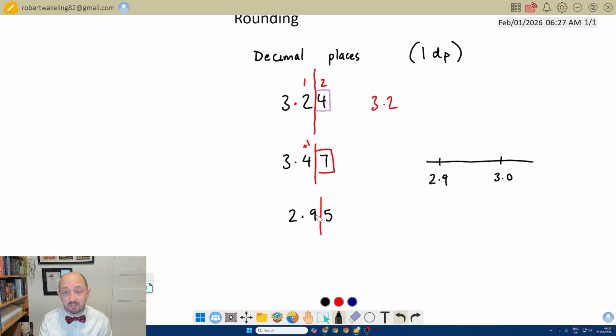So we're going up in 0.1s essentially. And 2.95 is exactly halfway. Anything halfway or more rounds up. So essentially the 5 is making this go up to a 10. So it's like a 0 carried a 1 from when you're adding.